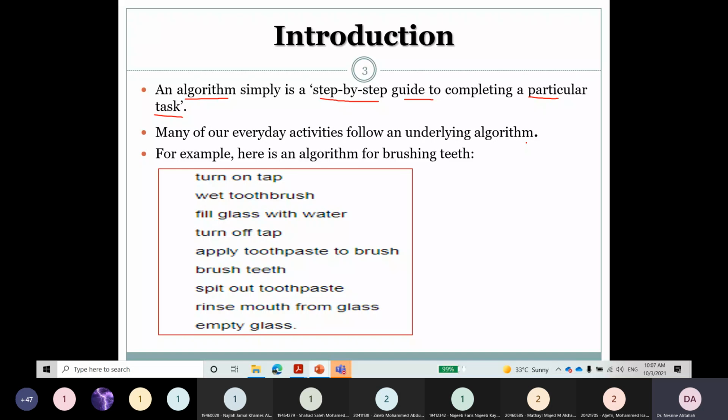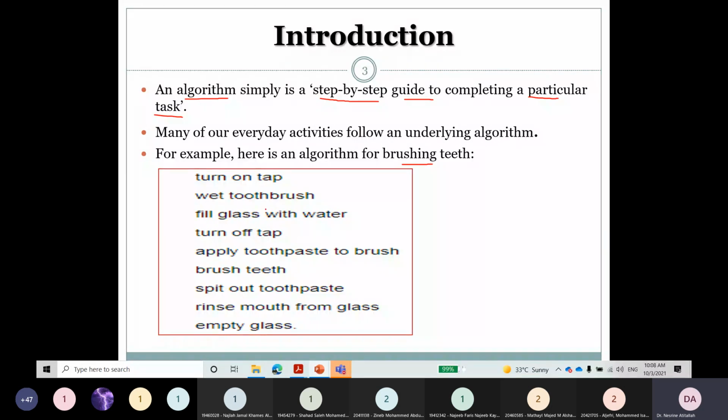For example, here is an algorithm for brushing teeth. In fact, when you brush your teeth, you apply some algorithm for doing that. First, you turn on your tap with the toothbrush.